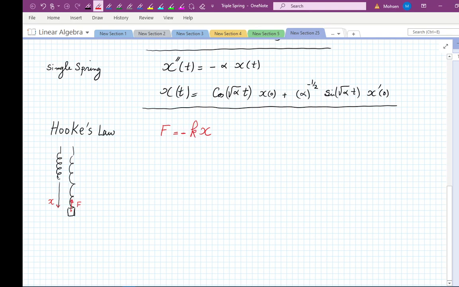You will spend quite a bit of time in your engineering classes to figure out what the k is for different materials, and a lot of topics related to that. But for now, that is enough for us. So this was the stretch, this was the spring hardness constant, and this is of course the force.